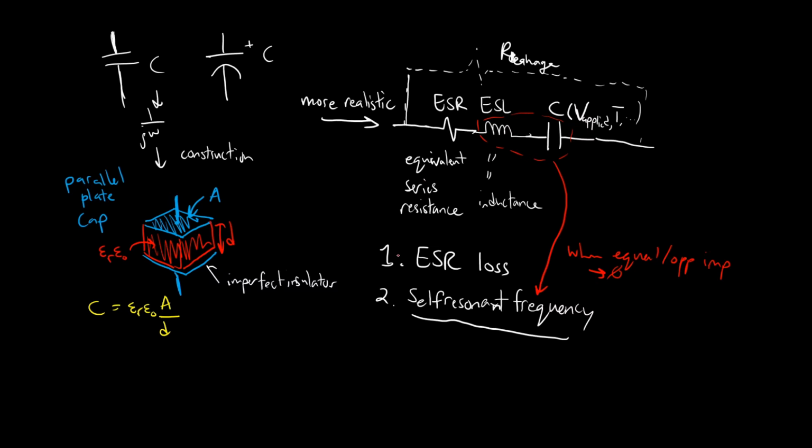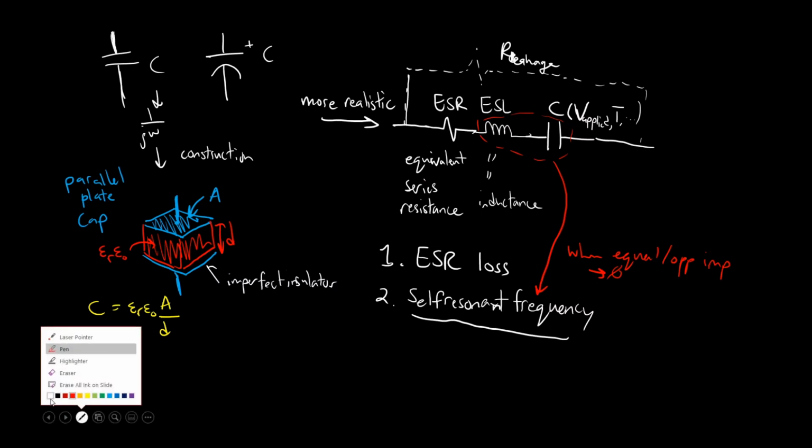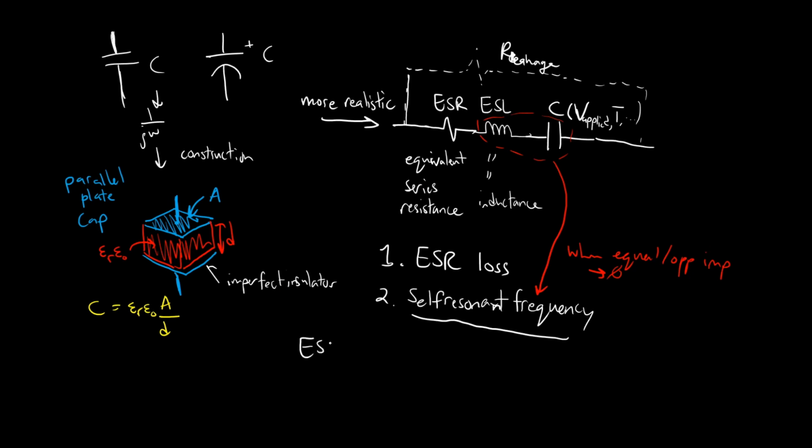Cool. So actually, ESR, funnily enough, even though it's potentially the most important loss parameter, is often not given by manufacturers. Typically what they give is something called the dissipation factor, which is tan delta.